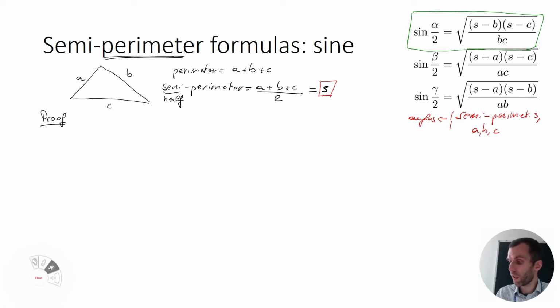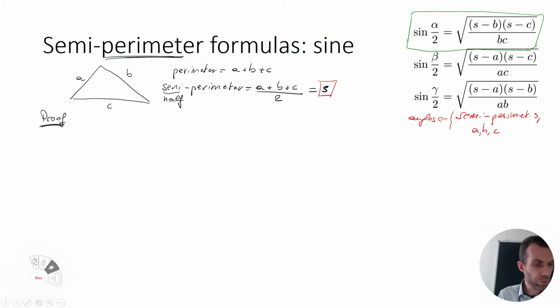In fact, you can see the very regular structure in the formulas here. To go from formula 1 to 2, alpha becomes beta, A becomes B, B becomes C, C becomes A, and so on. So once you know one, you know the others.